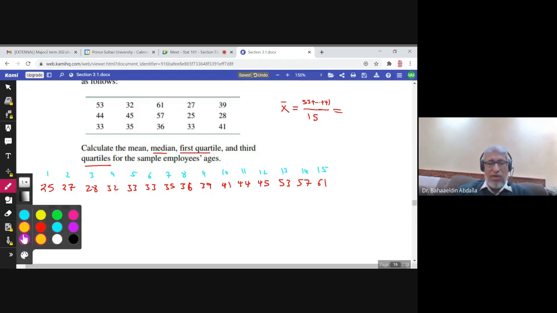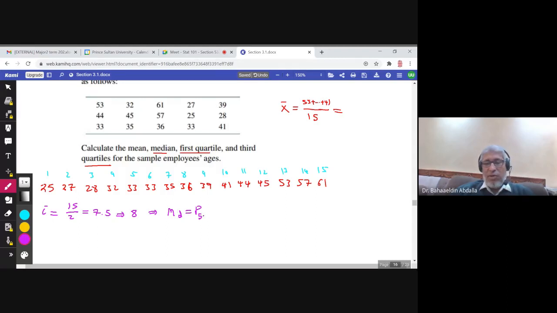Now, to find the median, the index of the median, if you remember, is 15 divided by 2, 7.5. So I go to the 8th position. The median is of course the 50th percentile.